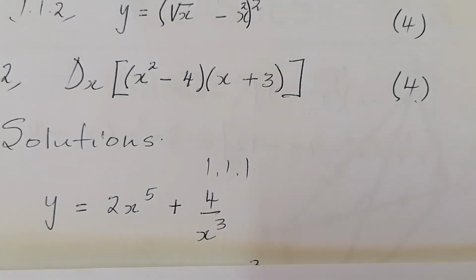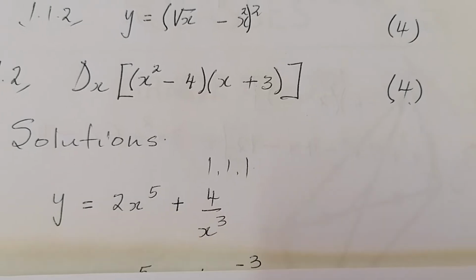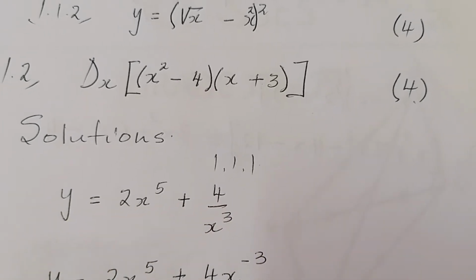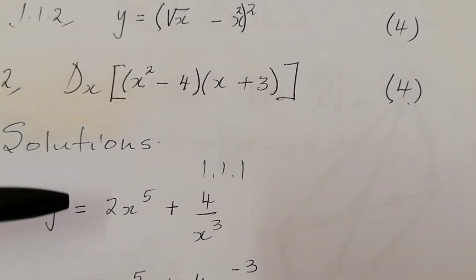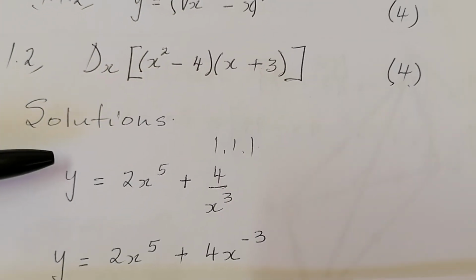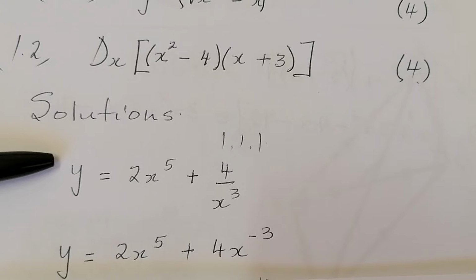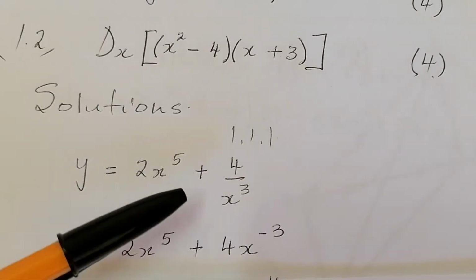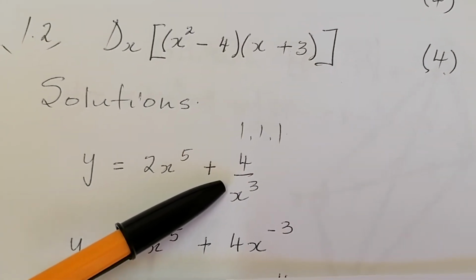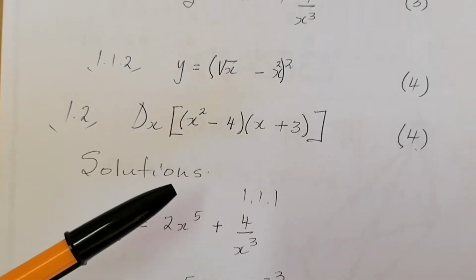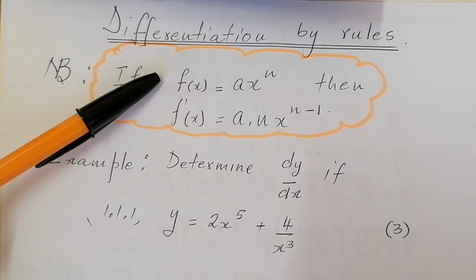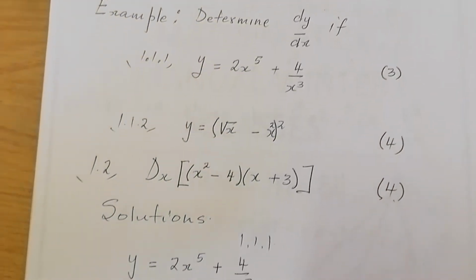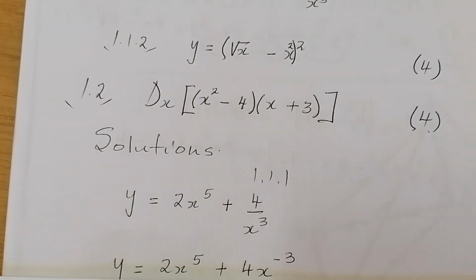Look at this now. Step number 2. Here, I copied down the given function. Now, because I could not differentiate this, I had to write it in this form. This is what I did.